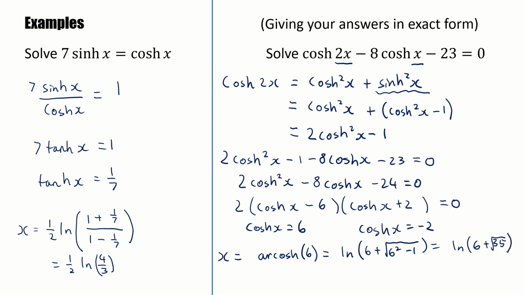However, you do need to watch out, of course, that there is a second solution when trying to solve cosh of x equals a constant, and the easiest way to find that is just to utilize the symmetry of cosh of x and realize that if you got the positive solution, the negative solution is also an option. So just putting a plus minus in front of your result that you got from arcosh is the easiest way to get that second solution.